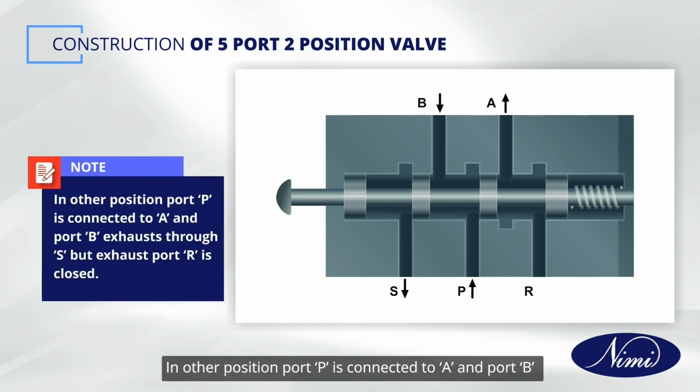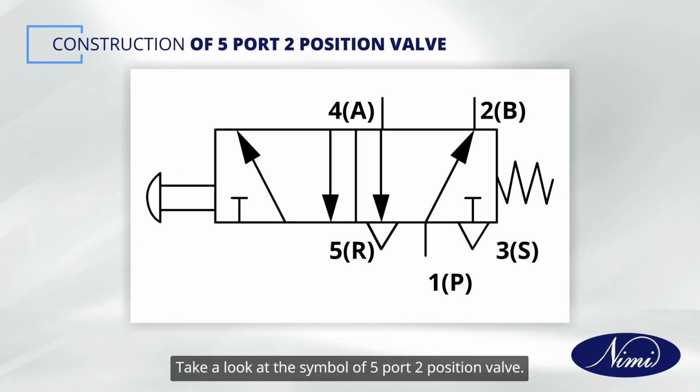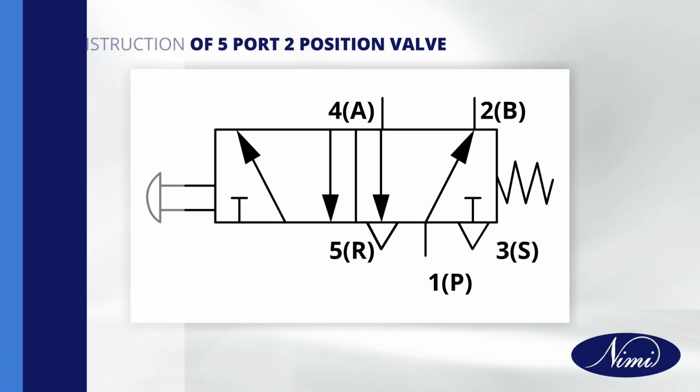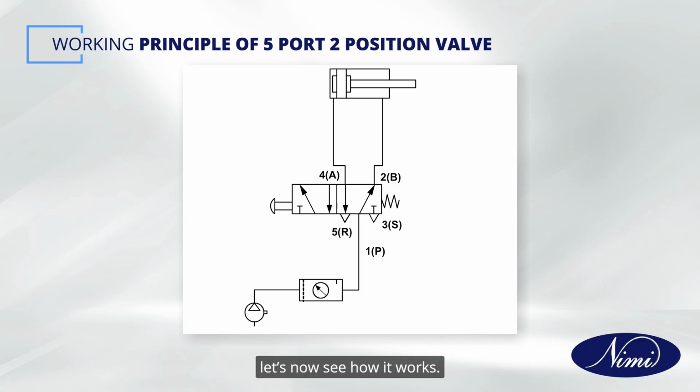In the other position, port P is connected to A and port B exhausts through S, but exhaust port R is closed. Take a look at the symbol of the 5-port 2-position valve. You know the main parts of the 5-port 2-position valve. Let's now see how it works.